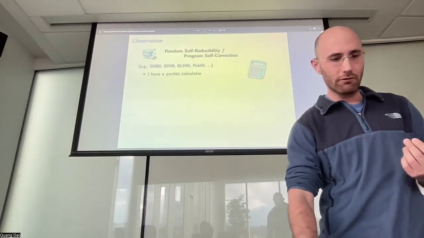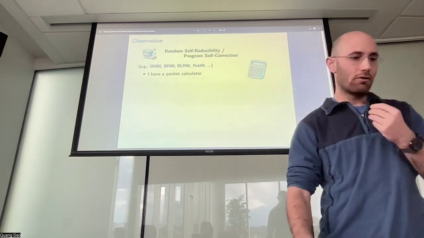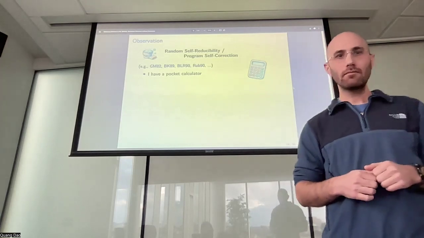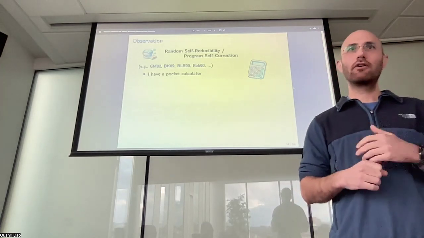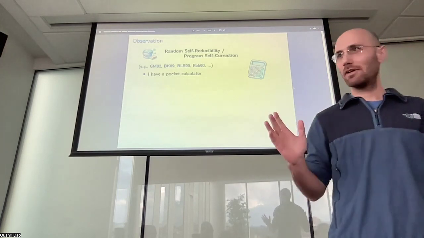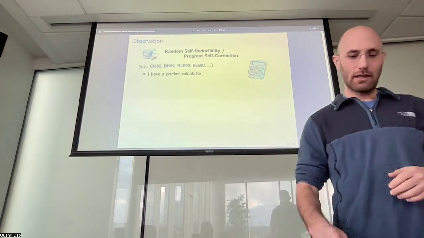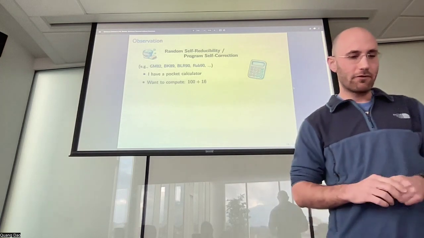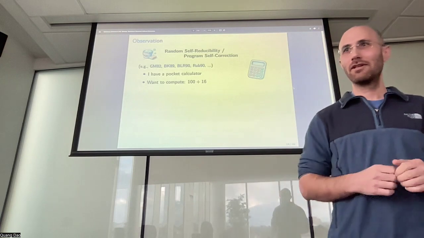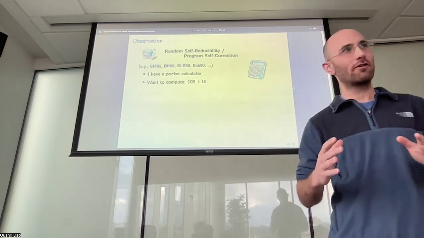So what is this random self-reducibility? Imagine I have a pocket calculator. And I really like this calculator. I've used it in all my exams. It works great. I like using it, okay? And now I'm faced with the following task. I need to compute 100 plus 16. And this is a very, very mission critical task for me.